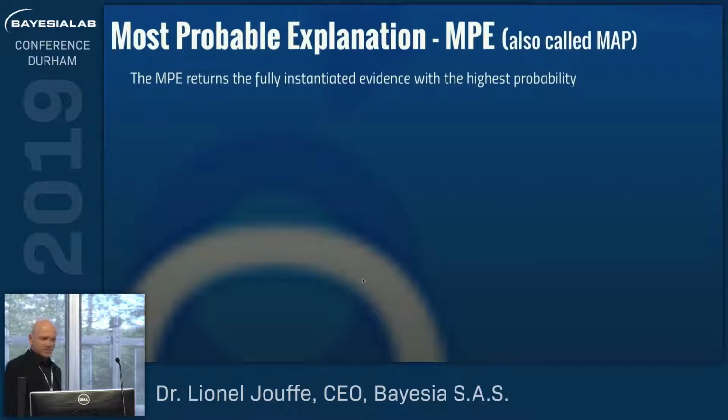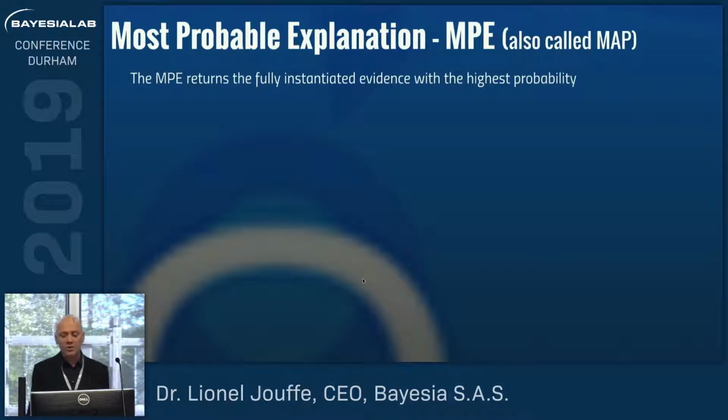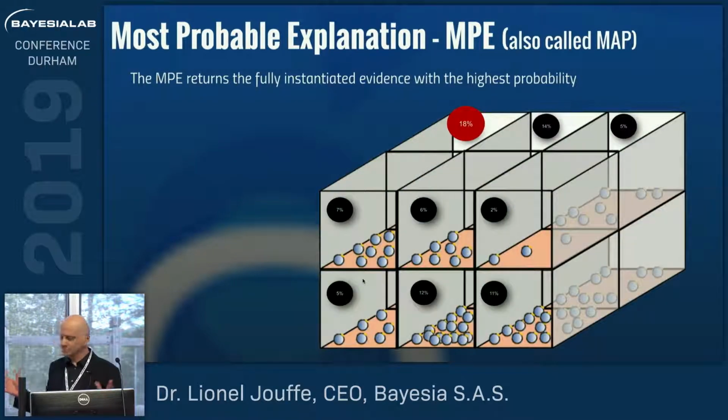Now, it's not new here, the MPE, but it's more like a way to describe the journey to the new feature I'm going to introduce in a few minutes. So the most probable explanation, also called the maximum a posteriori, returns the fully instantiated evidence that has the highest probability. Those who went to my training are familiar with this representation of the joint probability distribution.